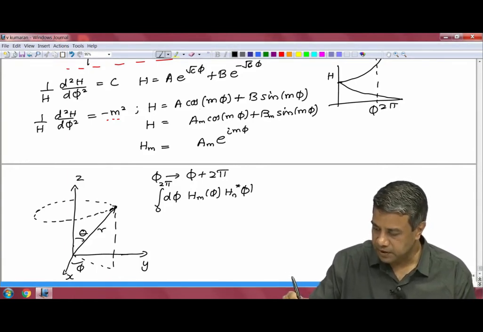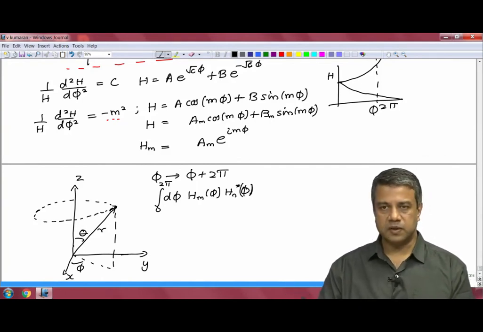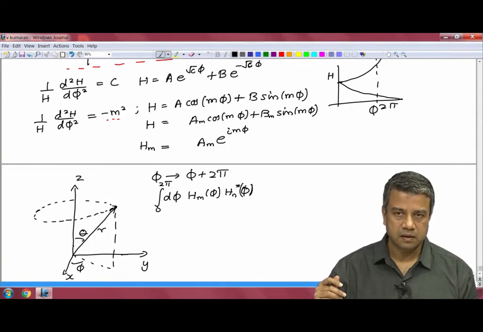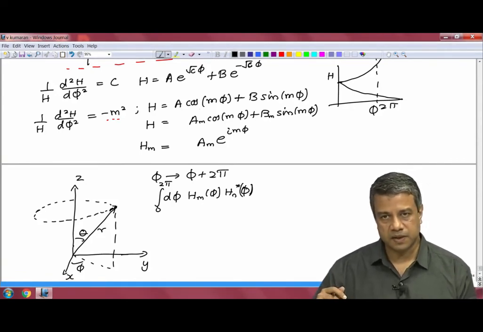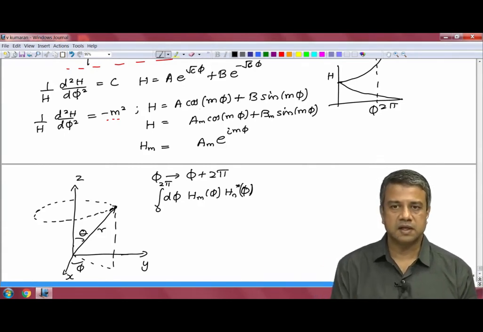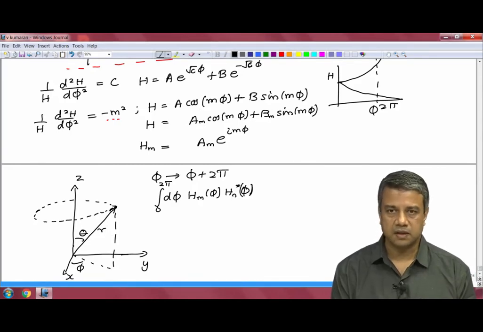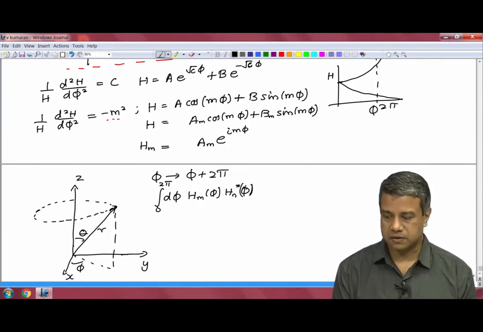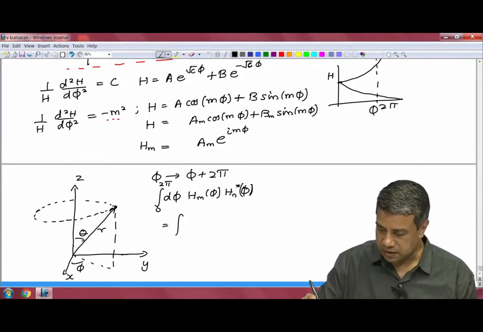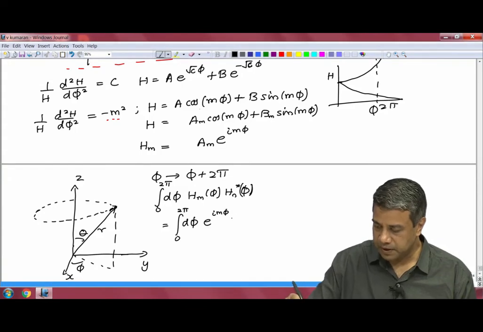In the case of complex arguments, you have to take one function h m times the complex conjugate of the second function h n in order to get a solution that is real, because the orthogonality relation has to give you a real solution. So, this is equal to integral 0 to 2 pi d phi into e power I m phi into e power minus I n phi.